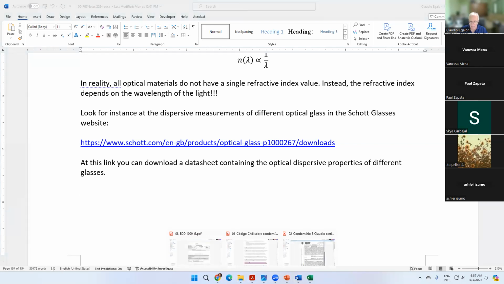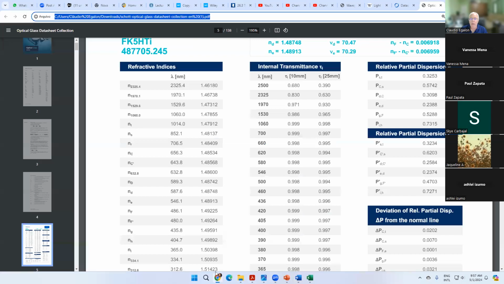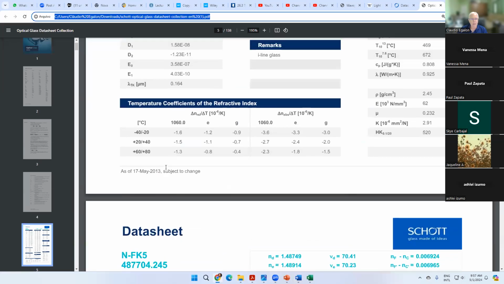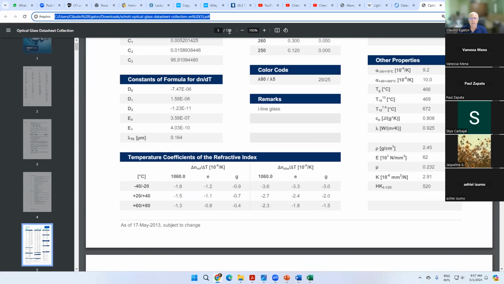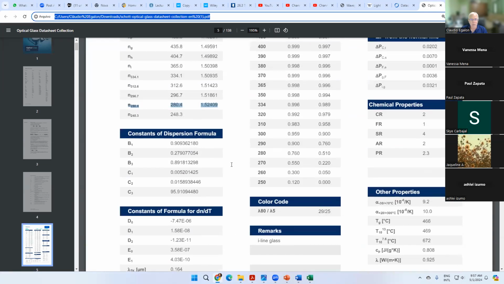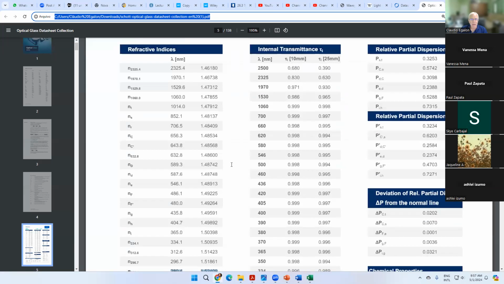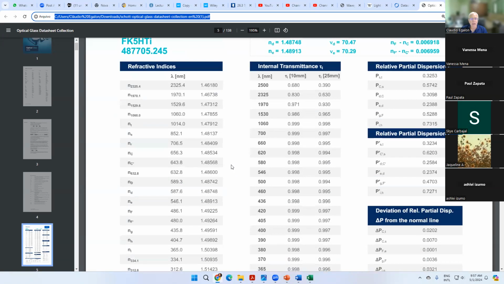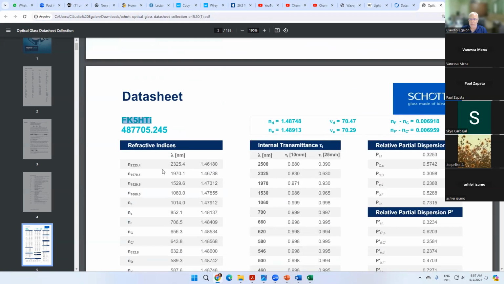Okay. Here, right? Yeah, that's for FK, right? See, you have 138 pages here in this document. FK, another, let's see. Yeah, that's the first class, FK5HTI.